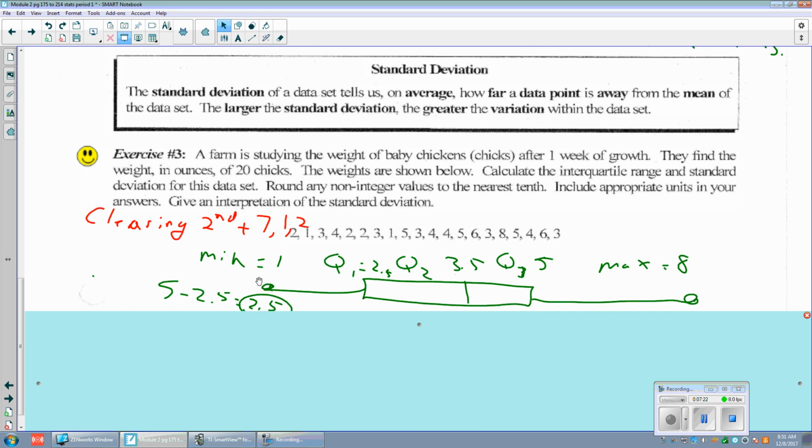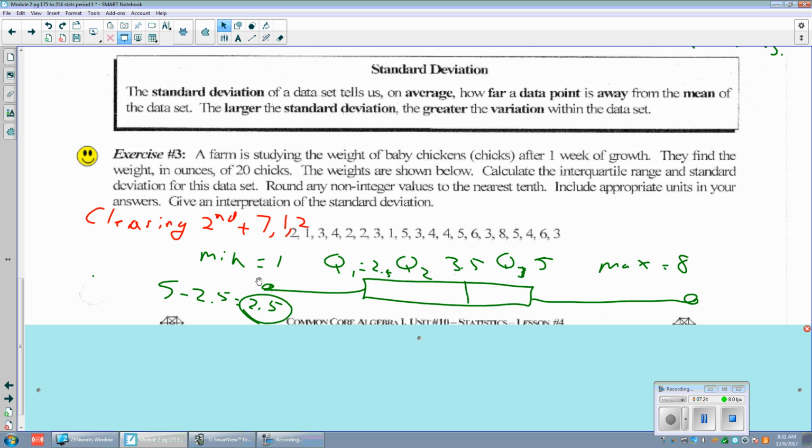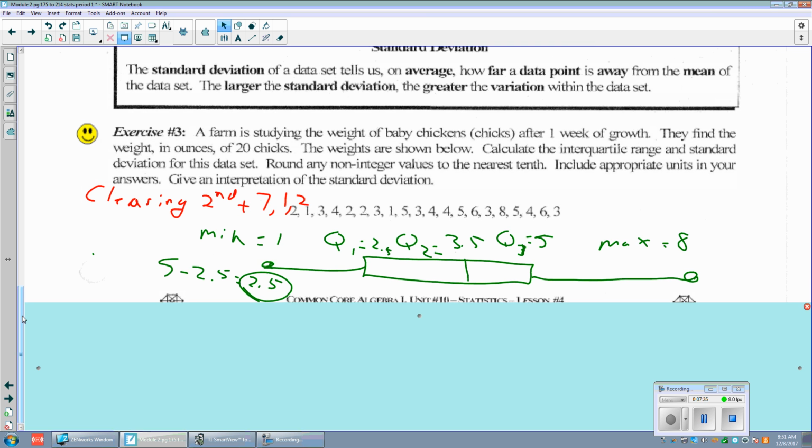When I entered everything into the calculator, I had the minimum as 1, Q1 is 2.5, Q2, which is also known as the median, is 3.5, Q3 is 5, and the max was 8. As you can see, we can draw a box and whisker plot from there, but the interquartile range is 5 minus 2.5, which is 2.5.